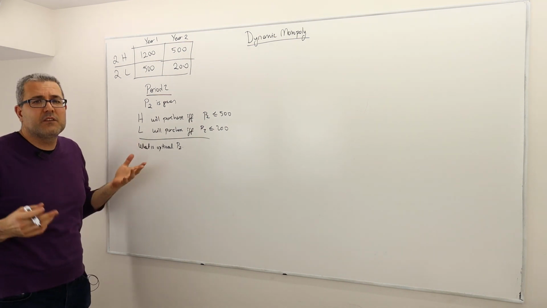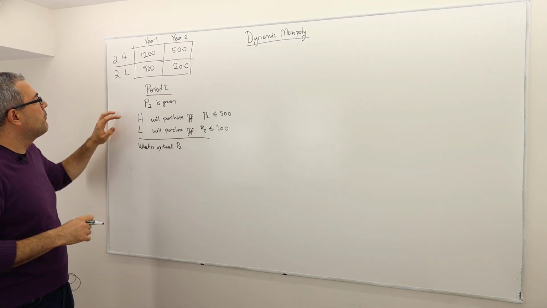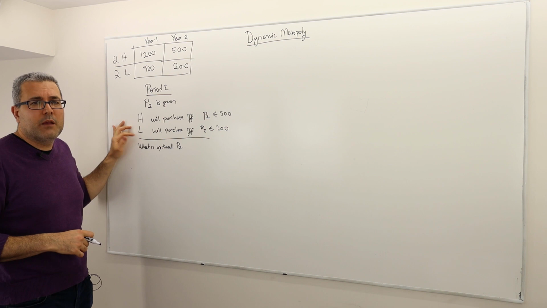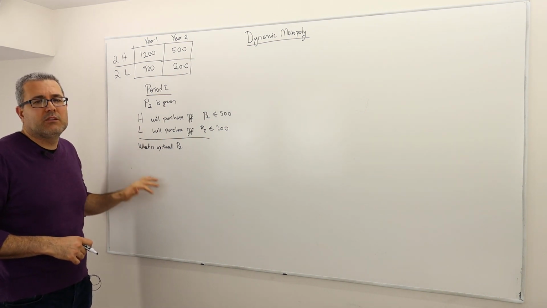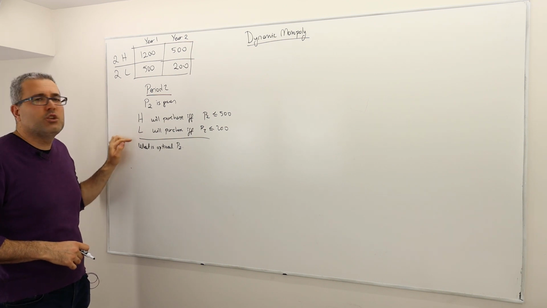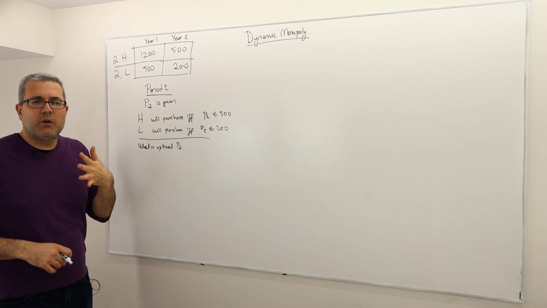So how many cases are there? There are in fact many cases, like maybe both H types and both L types remained in the market. Or maybe 1H, 1L remained. Maybe 2H, 1L remained. Maybe 1H, 2L remained. And so on and so forth.